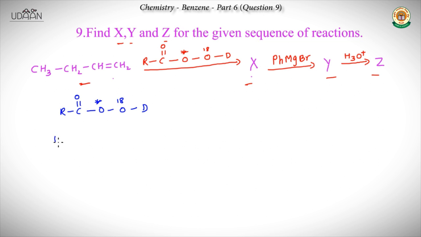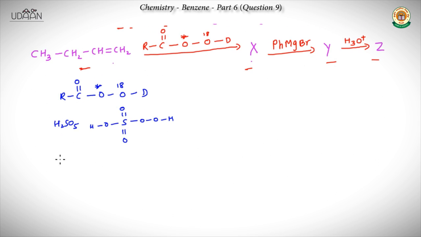They are H2SO5, the structure of which is S double bond O, double bond O, OH, O, O, H, and Ag in presence of O2, and also MCPBA. This is metachloroperbenzoic acid.